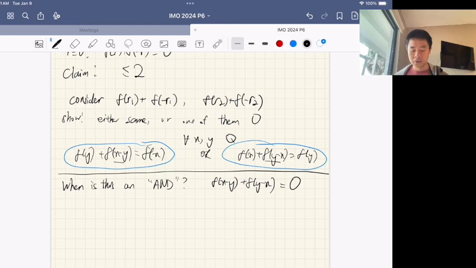Okay, so how do we go about this? Since we have r1 and r2, we naturally change this into the r1 and r2 form.